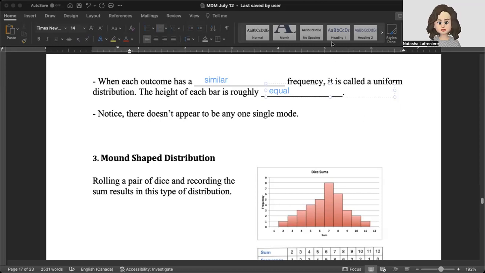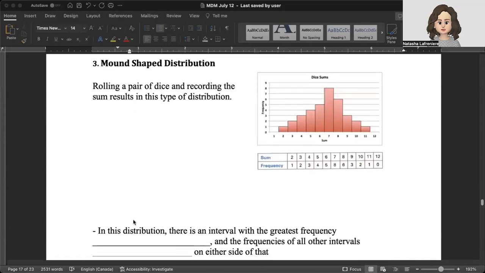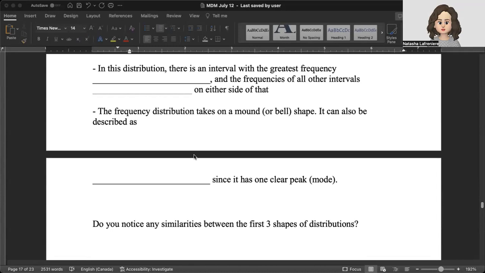I am going to clear this and we're on to the mound shape. So rolling a pair of dice and recording the sum results in this type of distribution. So you've got your mode here, which is your peak, and it kind of makes like a mountain. So in this distribution, there's an interval with the greatest frequency in the middle.